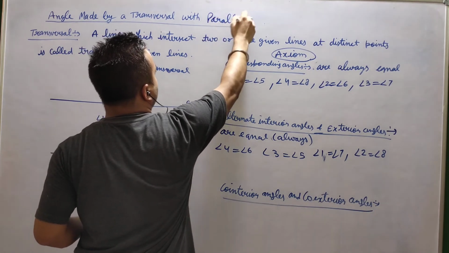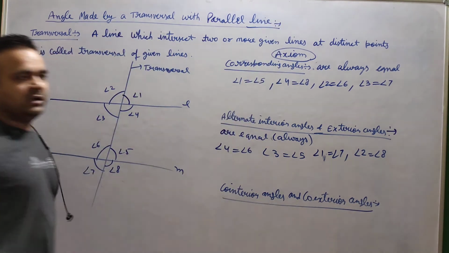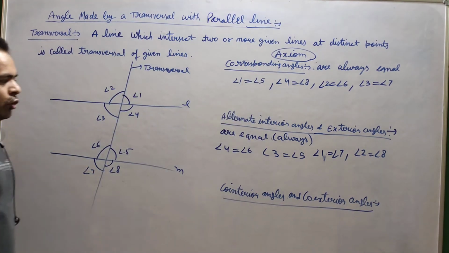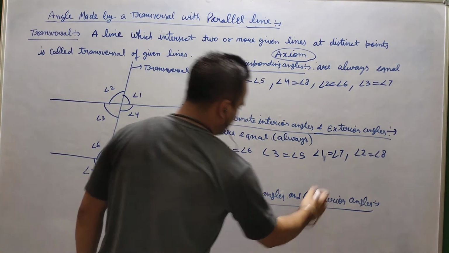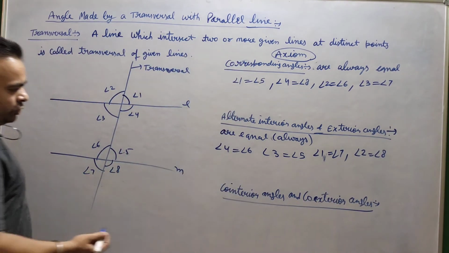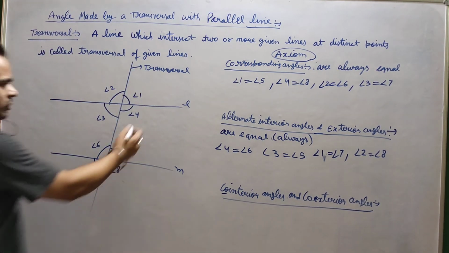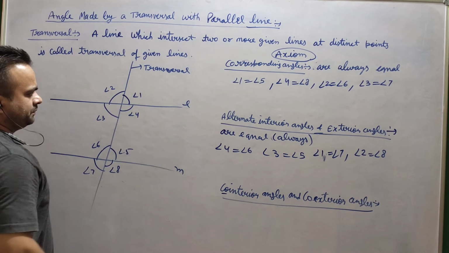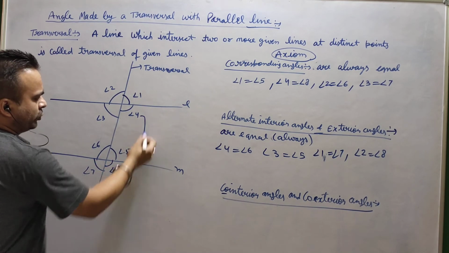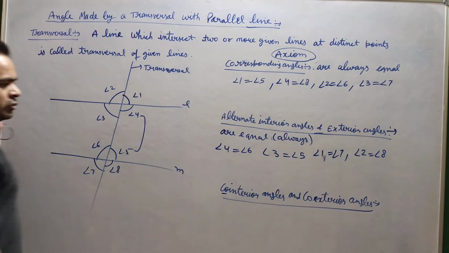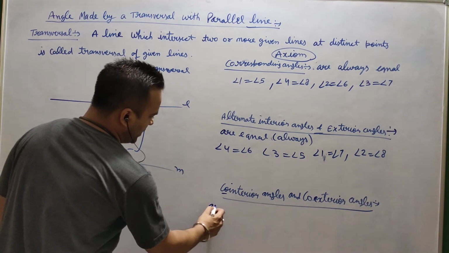Now the concept changes, still with parallel lines. Now co-interior angles and co-exterior angles. Co means on the same direction, so 4 and 5, 1 and 8, but interior. So definitely we approach 4 and 5. Are co-interior angles and co-exterior angles equal?